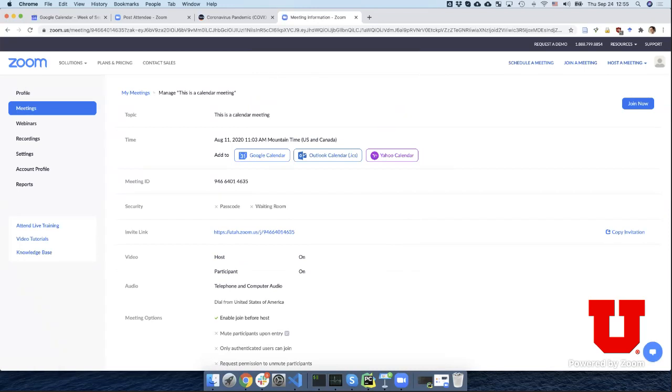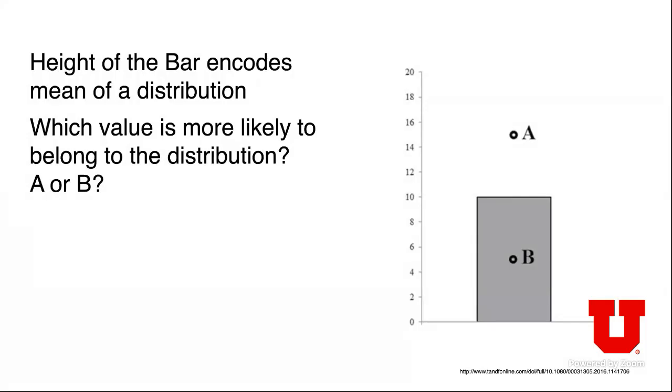So for this chart here, which value is more likely to belong to the distribution A or B?